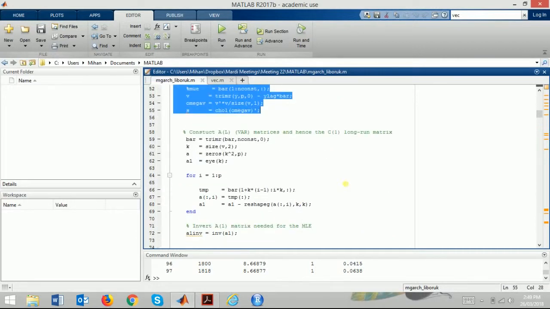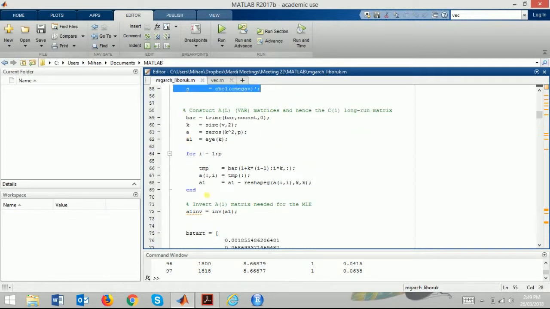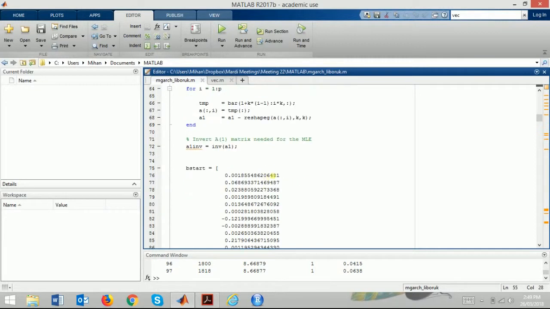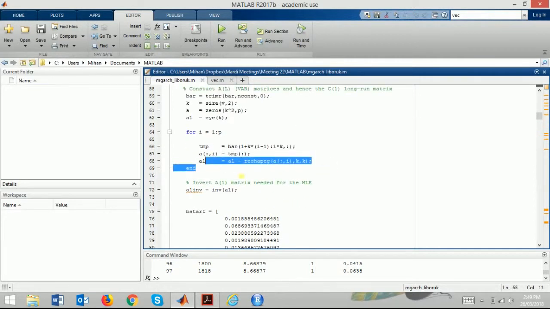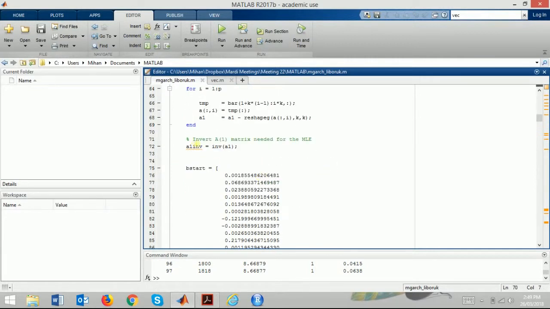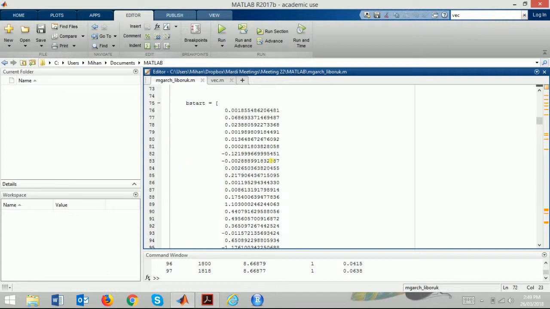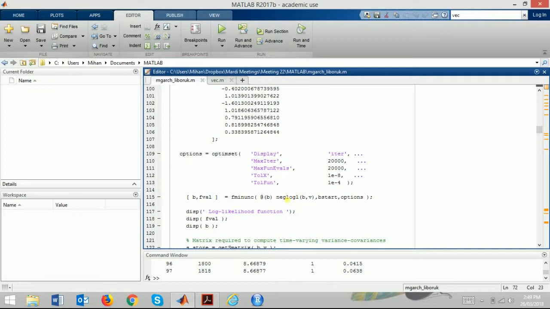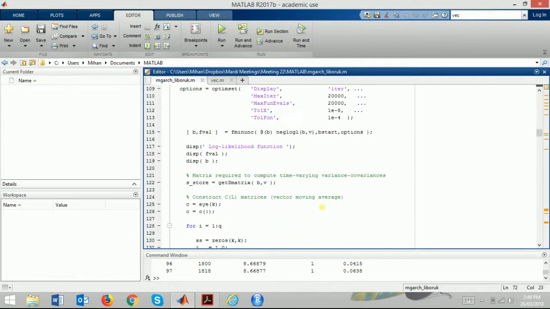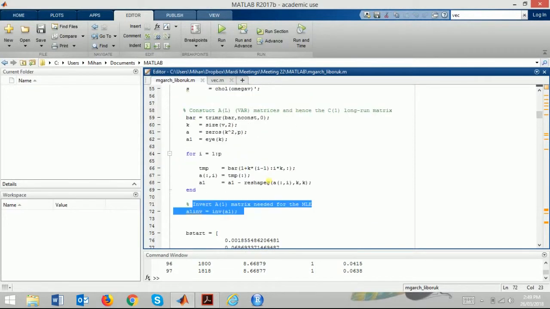Just like before in chapter 14, in chapter 15, structural VAR model, construct L and VAR matrix, everything else. Reshape, okay, we used that before. Invert A1 for optimization. So we optimize, this time we optimize the matrix.